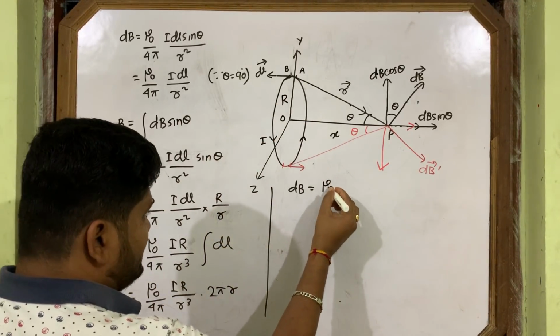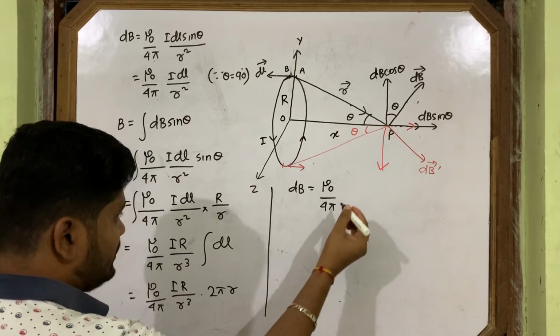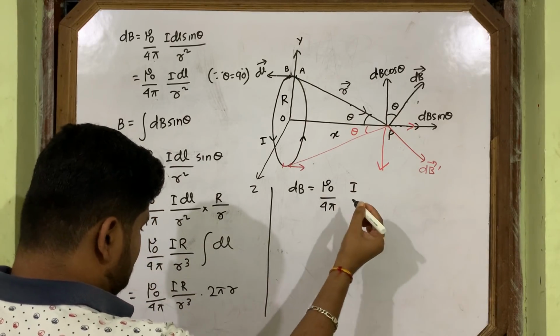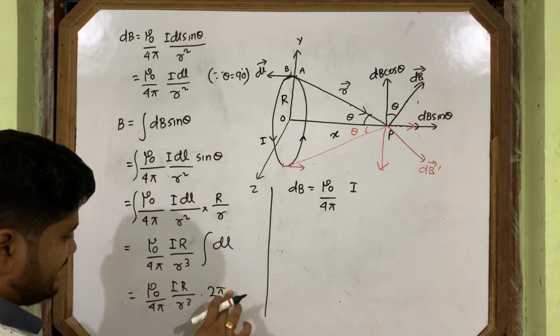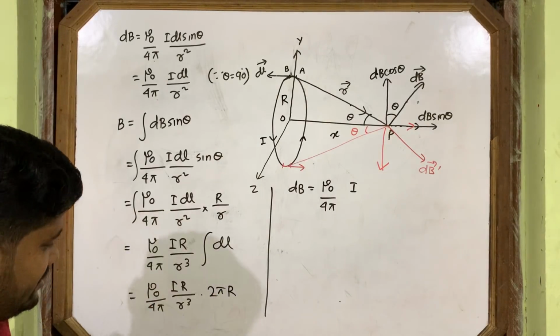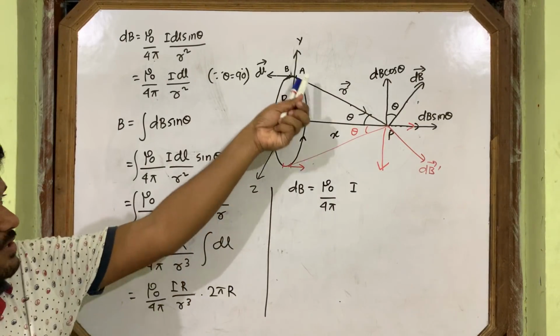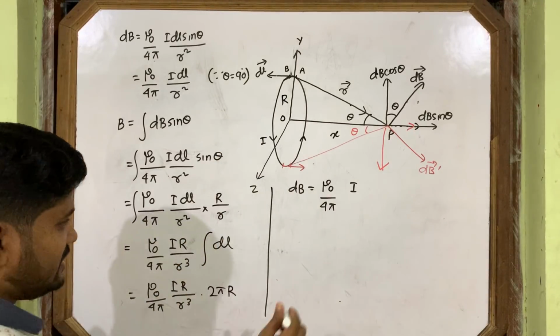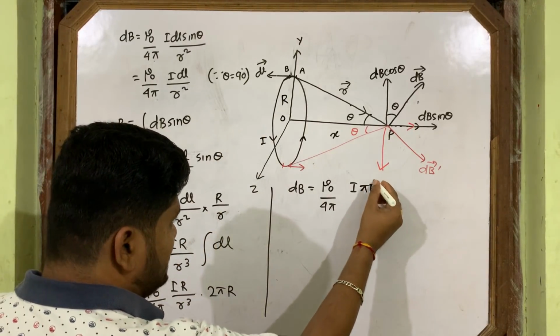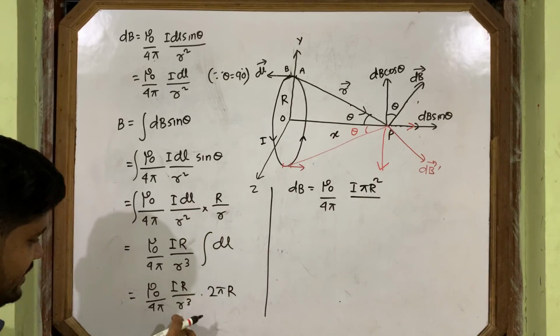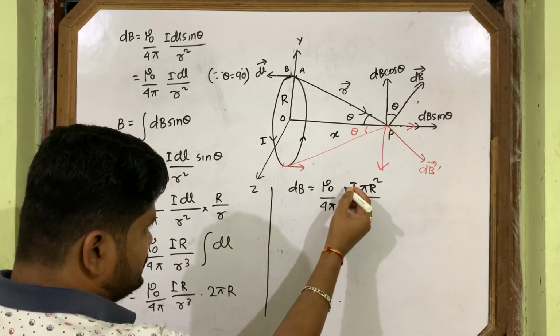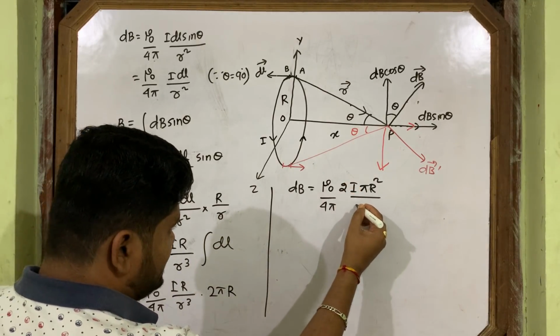So this is mu naught by 4 pi, I, this is 2 pi, this is R, capital R. We made a mistake here: capital R, because R is the radius of the circumference. So this is pi R square divided by, 2 remains here also, r cube.